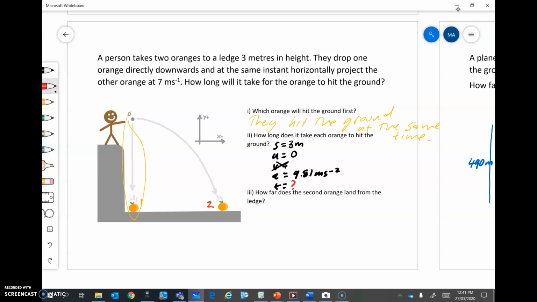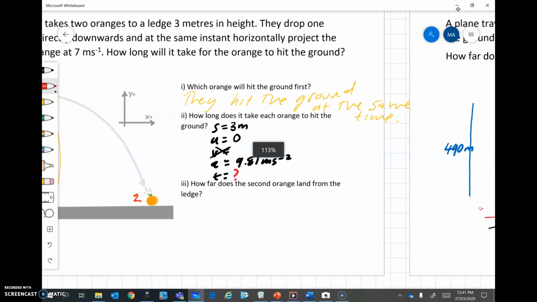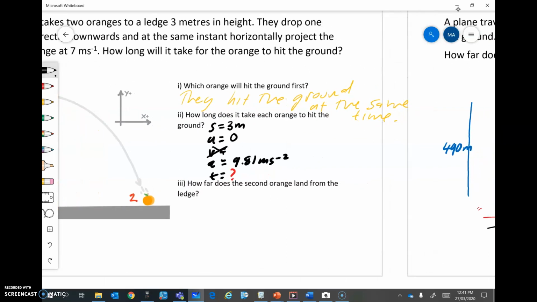Okay, so now that we're using that equation, which is s equals ut plus a half at squared. Now we want to make time the subject of this equation, but as discussed, that's not possible to do unless, of course, u being 0 makes that term disappear.